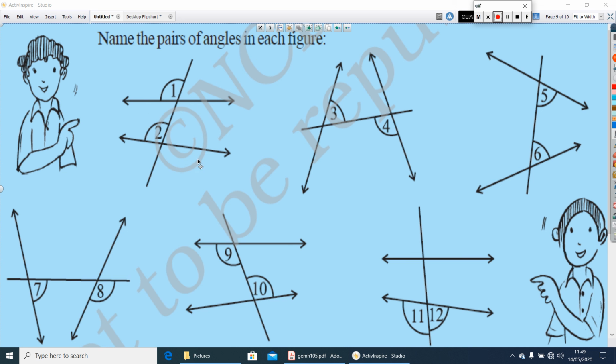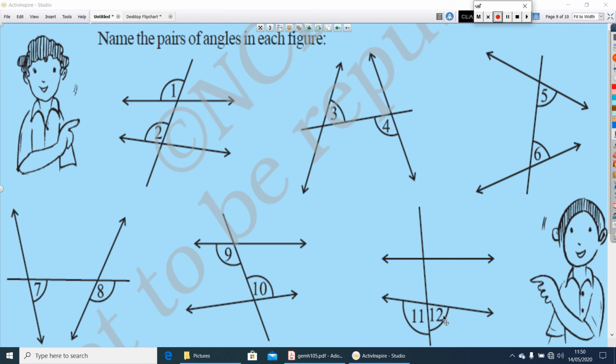Draw this figure and write the name of the pairs of angles. The first one is corresponding angles, pairs of corresponding angles. You can write angle 1 and angle 2 are pairs of corresponding angles. Now here you write angle 3 and angle 4 are, write the name of those angles.